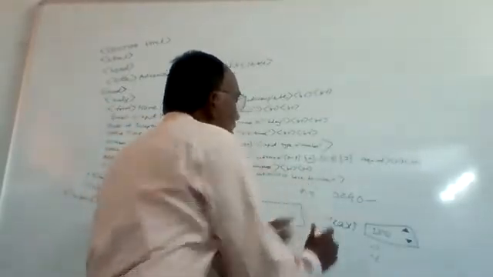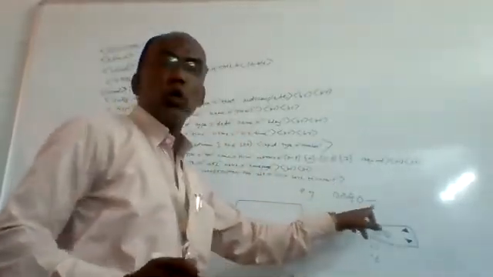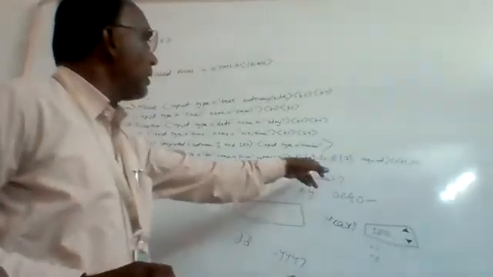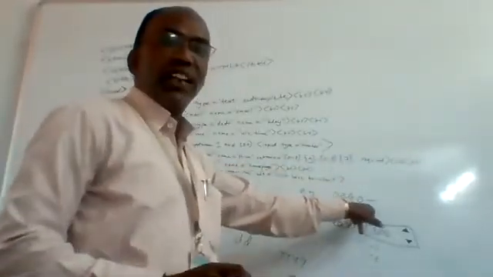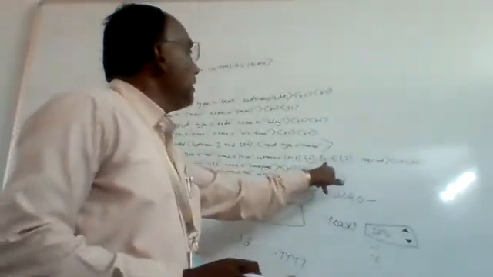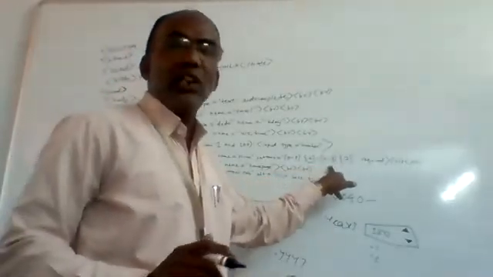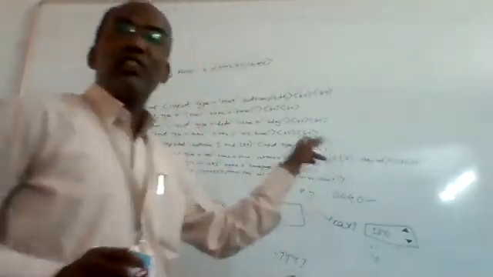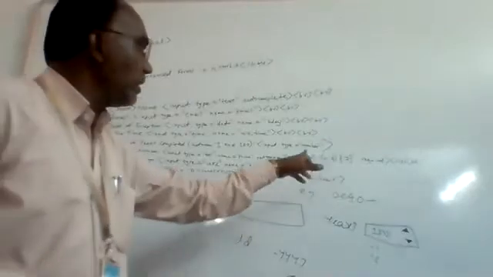So for example, 0240, hyphen, and again 0 to 9, we can use 7 digits from 0 to 9.